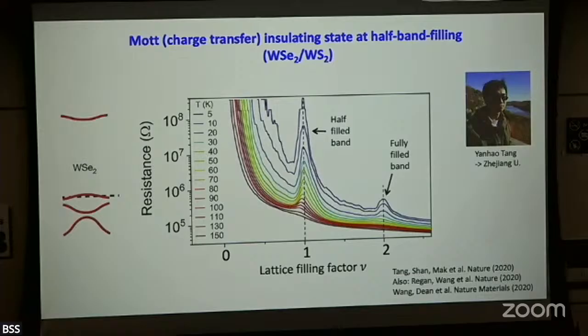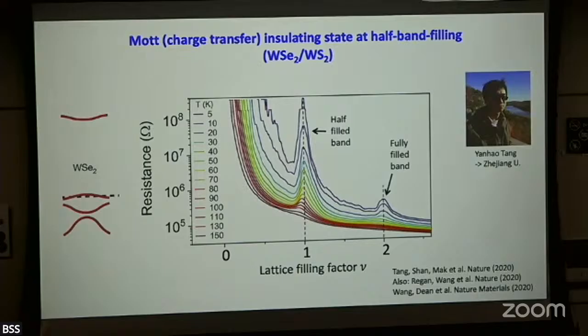You know your capacitance from the thickness of your hBN. So if you apply a certain voltage, you know the density you induce in the system. That's one way to estimate the carrier density. If your sample is good enough, we can see quantum oscillations. Then you can look at the Landau levels, and from there you can precisely calibrate the density. So we can know the density very well.